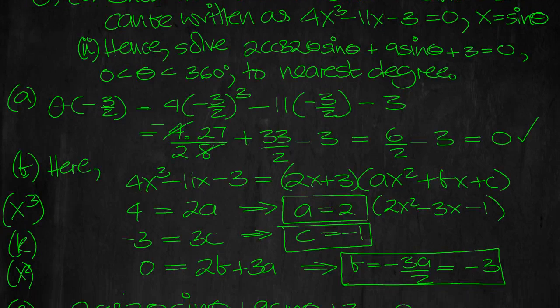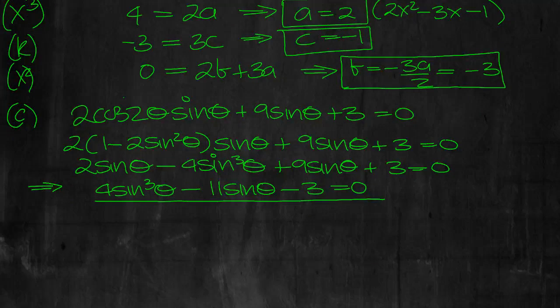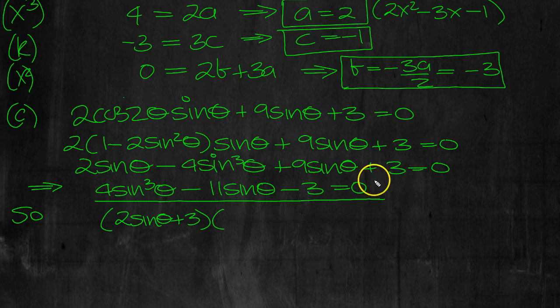Solve this for theta between 0 and 360. So, what have we got then? We'll have 2 sine theta plus 3, and we'll have the other one, 2 sine squared theta minus 3 sine theta minus 1 equals 0.